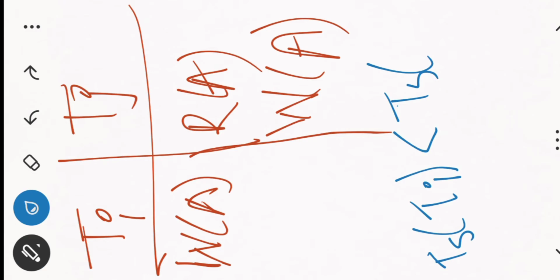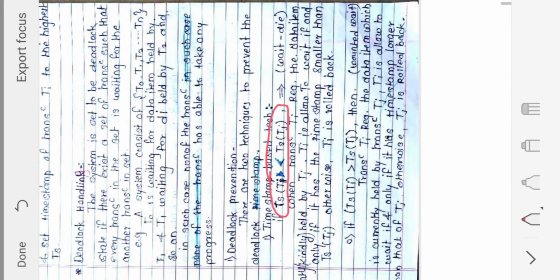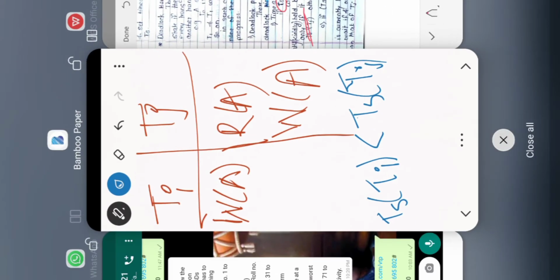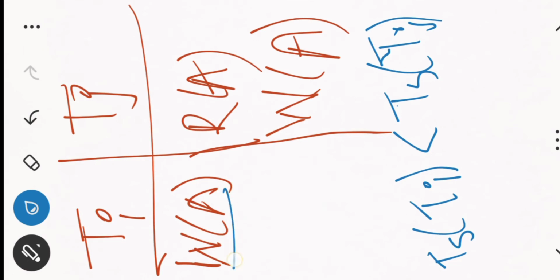When is it allowed to wait? The transaction Ti which is requesting the data item currently held by Tj is allowed to wait if and only if the timestamp of Ti is less than the timestamp of Tj. So in this case the timestamp of Ti is definitely less than the timestamp of Tj.